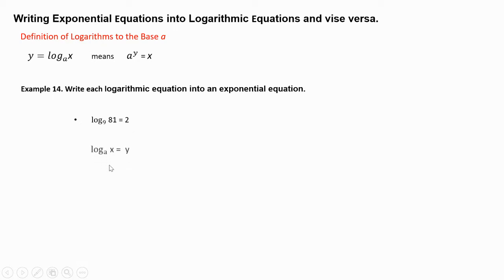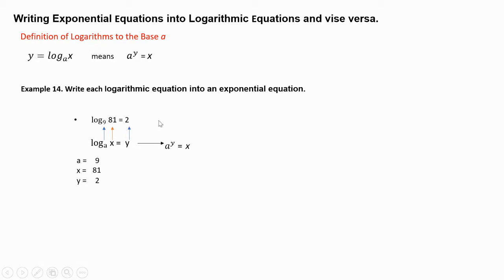So what do we do? We're going to have to find what a, x, and y are. We want to go from logarithmic to exponential, so I need to find the a, x, and y. If you notice, guys, the a is 9, the x is 81, and the y is 2, which means now I go here to the right.